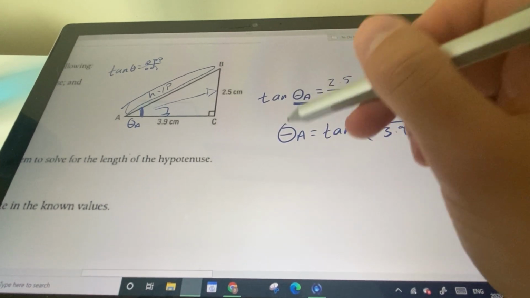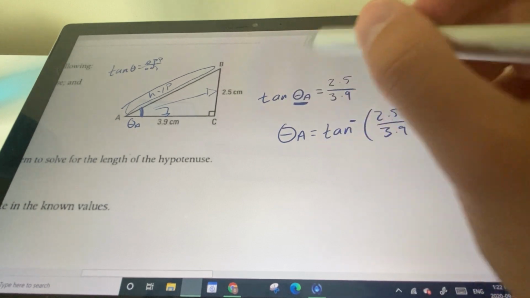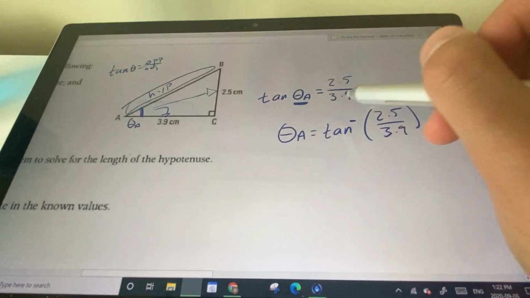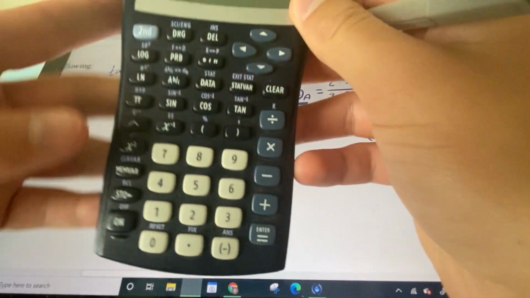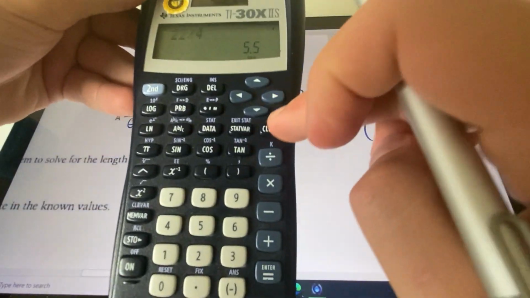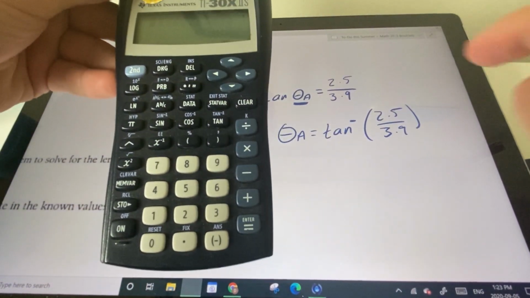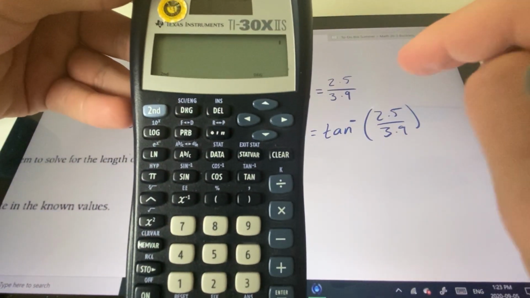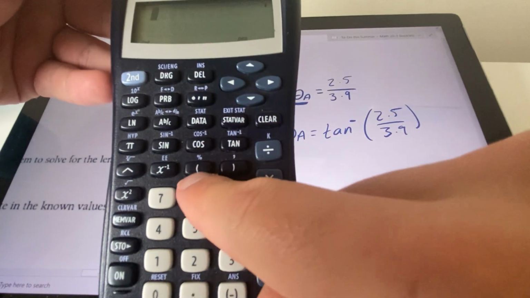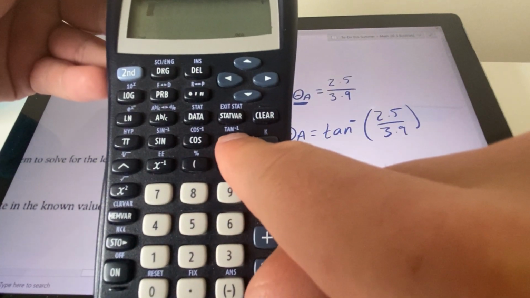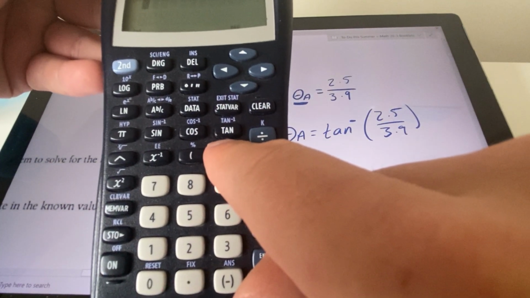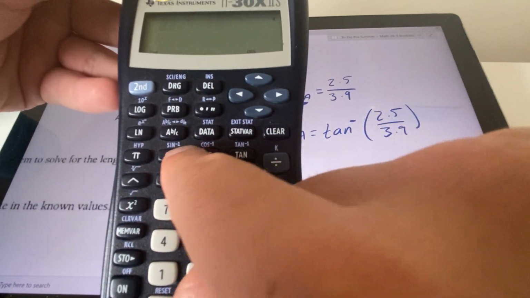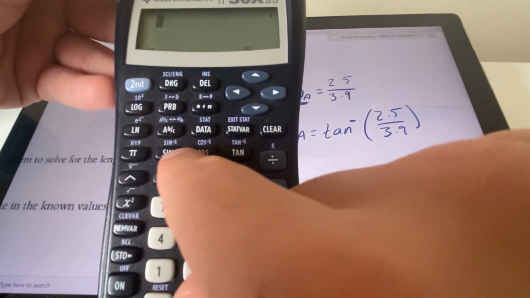Okay, so anytime we're trying to figure out the actual angle, you need to take your ratio and put it in tan inverse. Now, where do I find that in my calculator? So here, we will find it by pressing second, okay? We're going to press second, and then see how the blue is tan -1, and this is normal tan? Anytime you press that second button, you're being given what's in the blue lettering.